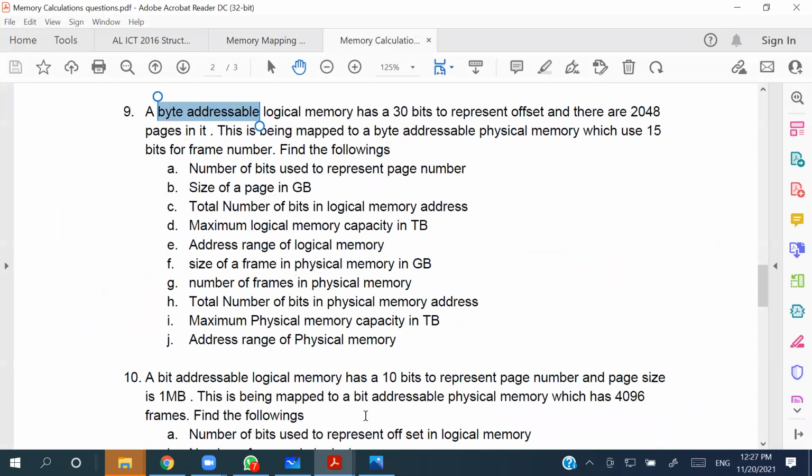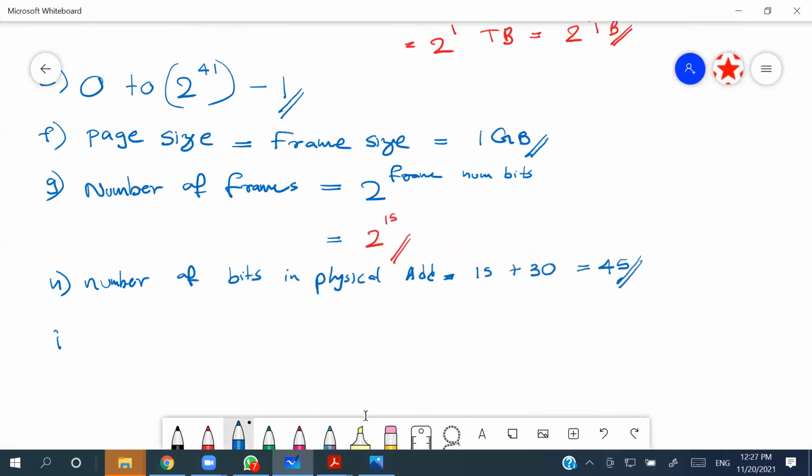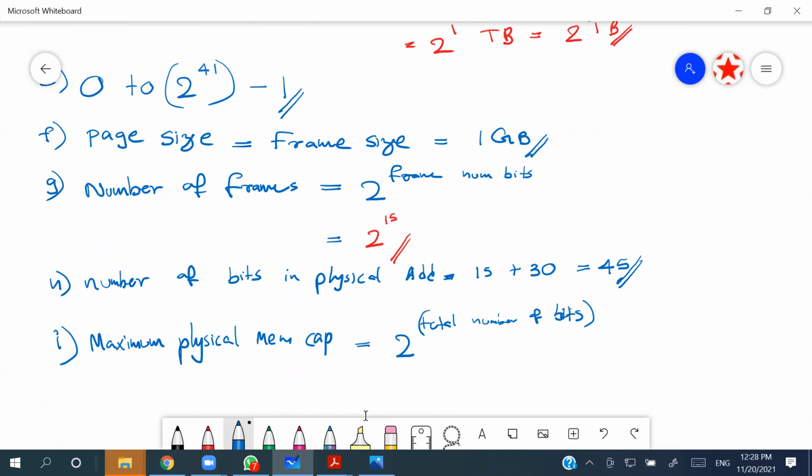The I part asks for the maximum physical memory capacity in terabytes. So the maximum physical memory capacity is equal to 2 to the power 45.